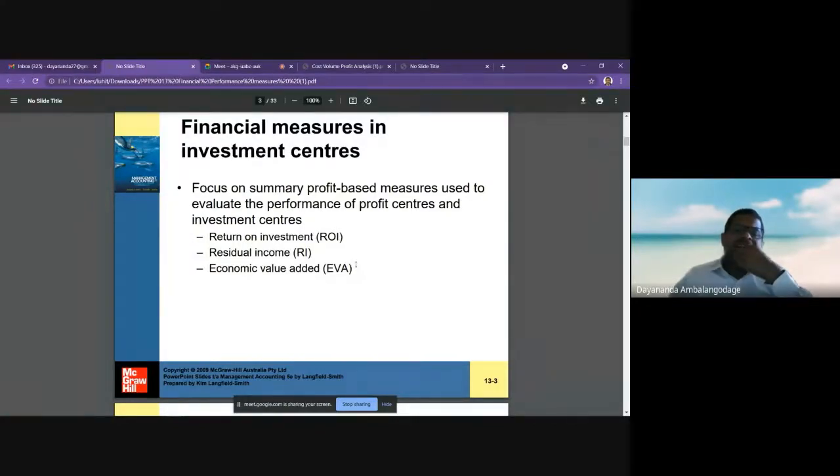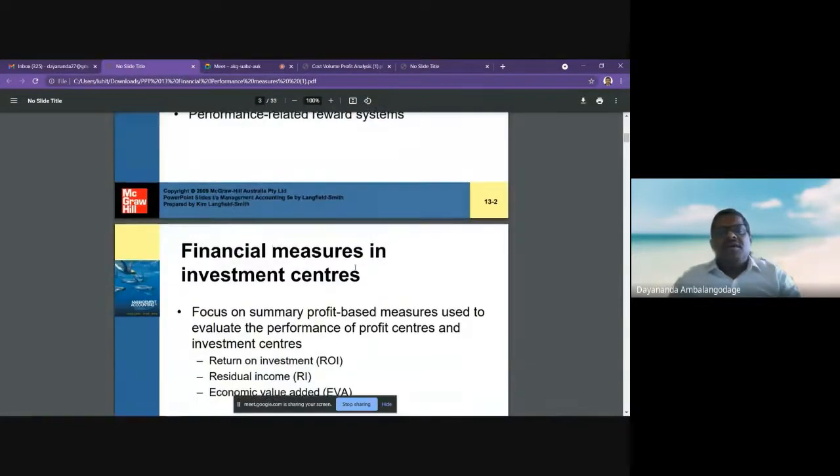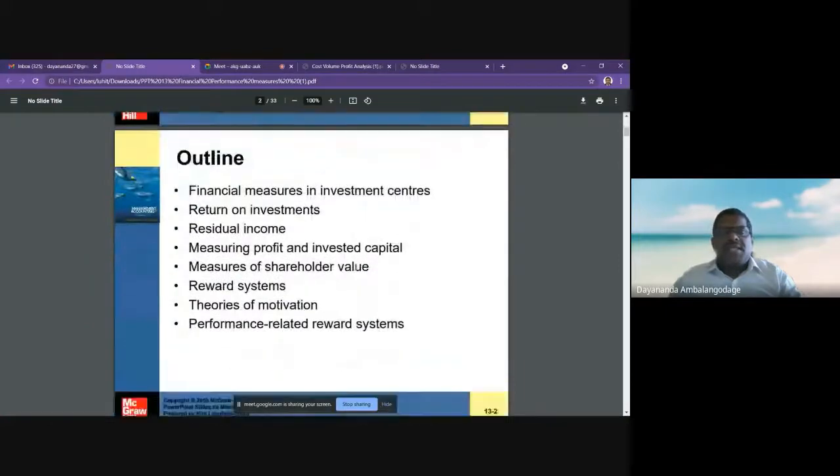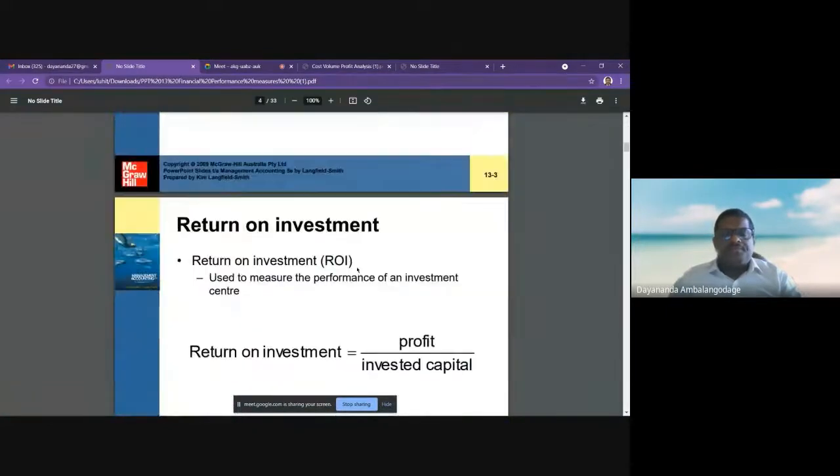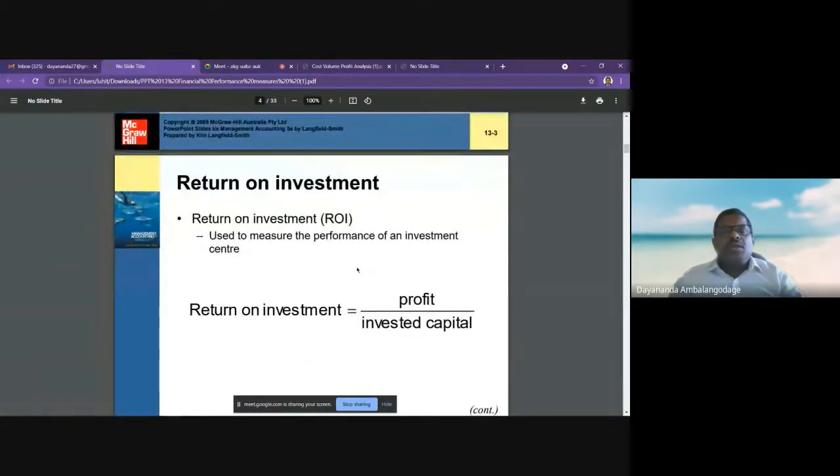These are the three areas of measurements under our title. Okay. How do you calculate return on investment? Basically, return on investment is profit divided by invested capital. That is the return on investment, used to measure the performance of an investment.